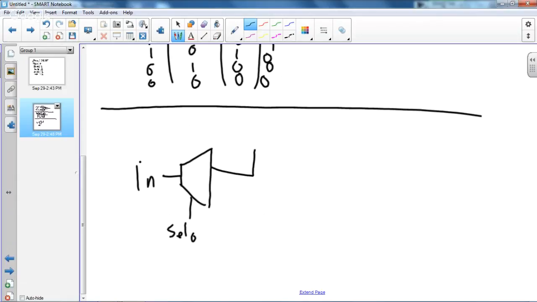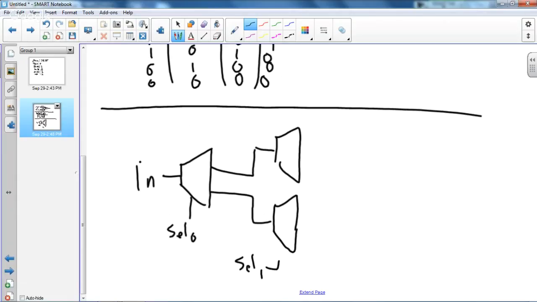So use the first select bit to choose which second-level demultiplexer you're going to employ. Then use the other select bit equally on both of those. Have something like A, B, C, or D. Key concept here is, again, if you've got a 0 input coming into a demultiplexer, all the outputs are 0. That's what lets this work.